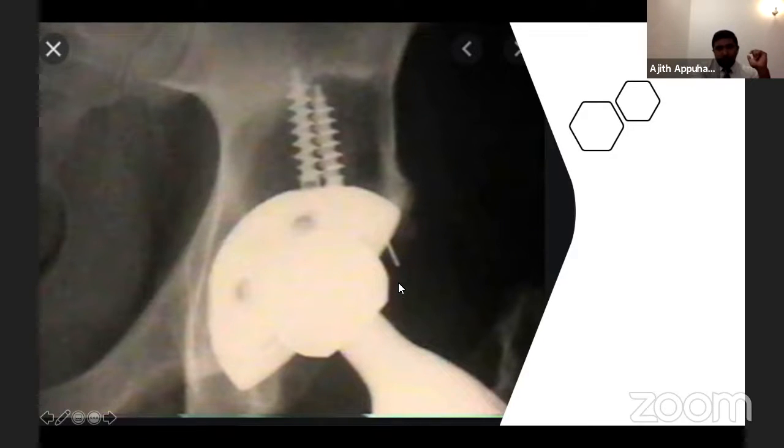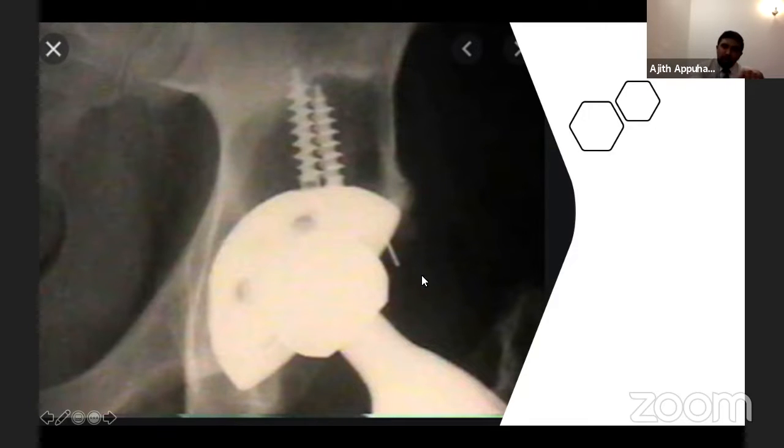There is a possibility joint fluid can transmit through this space and go around these screws, can go up to here. Sometimes there are unfilled holes, so joint fluid can have access here, through that can go into this joint space and traverse around these screws.